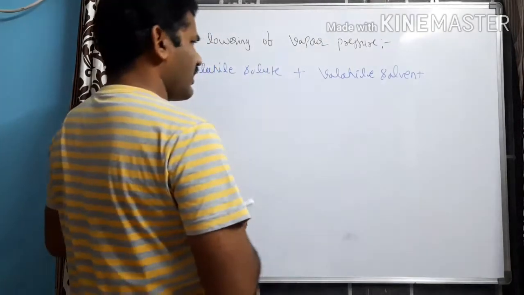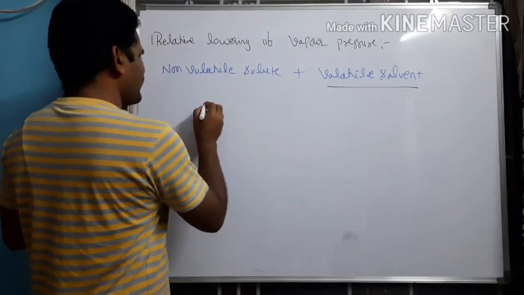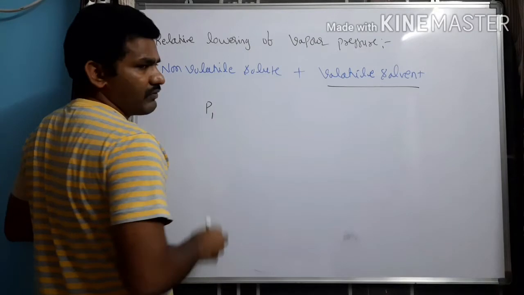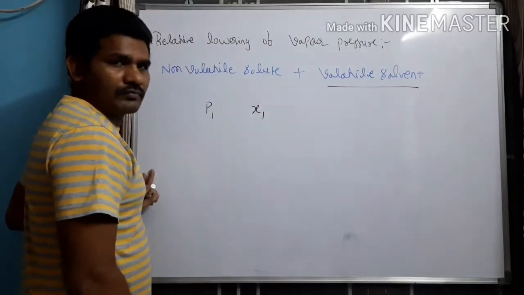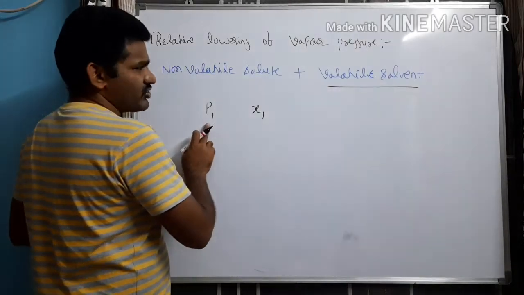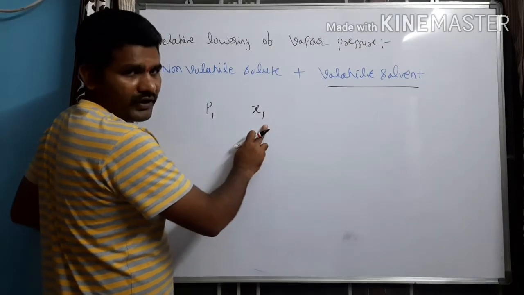Now let us consider a volatile solvent. This volatile solvent exerts a pressure of P1 and has a mole fraction of X1. Let P1 be the pressure exerted by the volatile solvent and X1 its mole fraction.